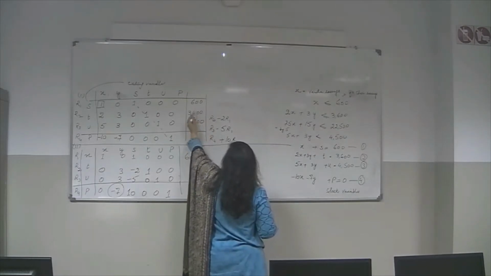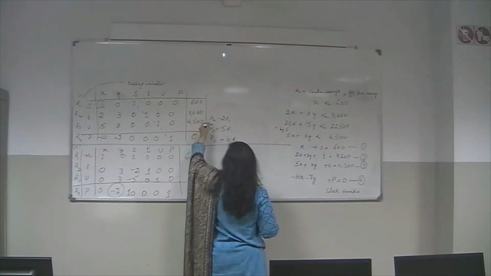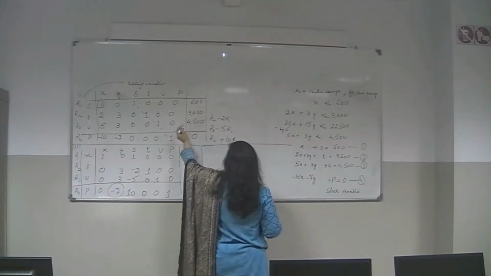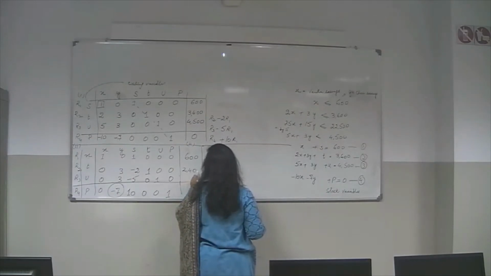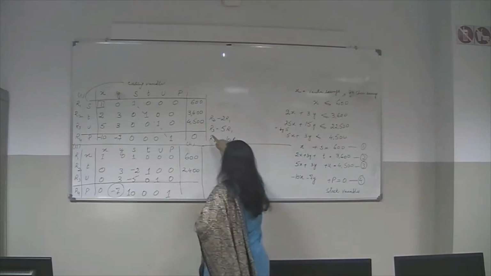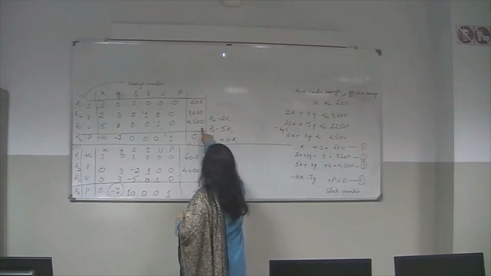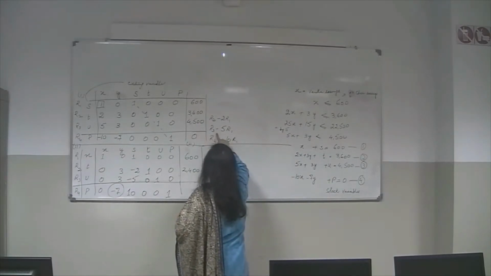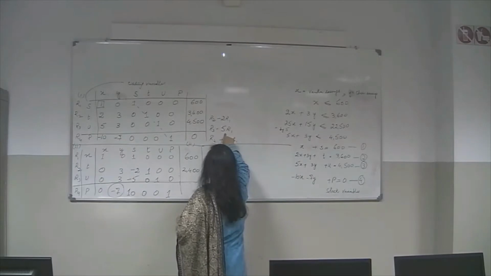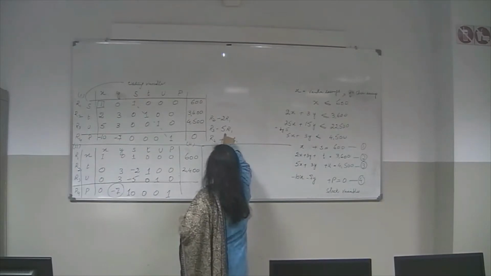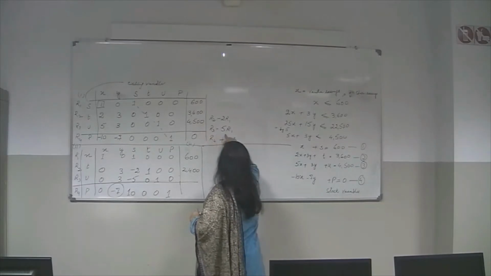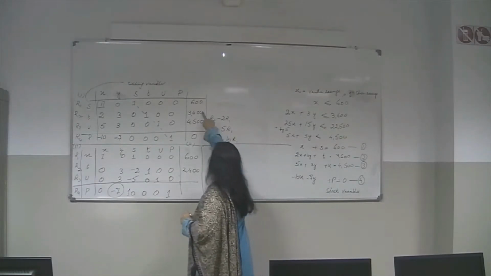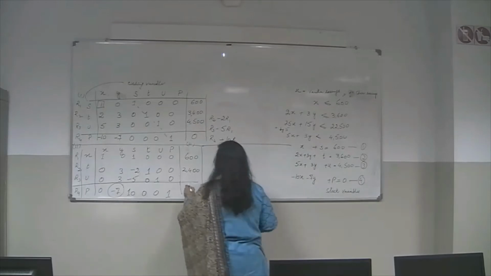So when you multiply minus 2 with this, it is going to be 3600 minus 1200. So it comes to about 2400. Then we have again 45, this is R3 minus 5R1. So now we have 45 minus 5 times 6 is 3000. So we have 1500 here.